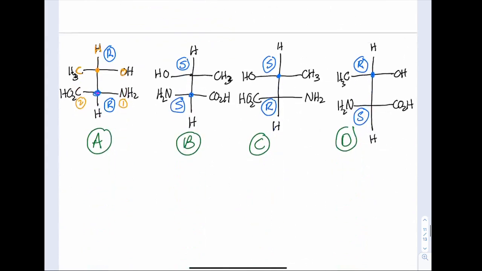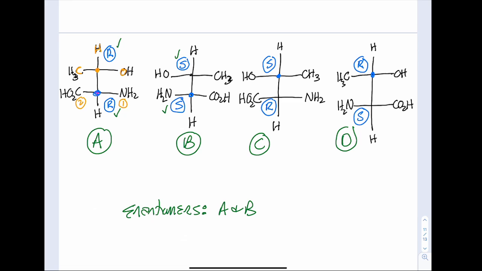So if I go and look, A and B are going to be a pair of enantiomers. We already said they were mirror images of each other and non-superimposable, so we knew that already. But if we look, the first one is RR, this one is SS.